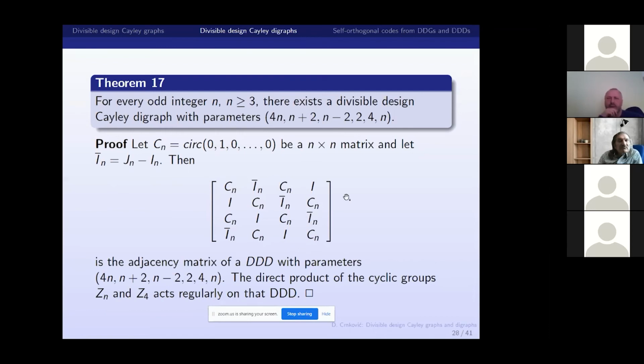It can be checked that this is an adjacency matrix of a DDD with parameters from the theorem, and the direct product of the cyclic groups Zn and Z4 acts regularly on that DDD. So this is another construction.